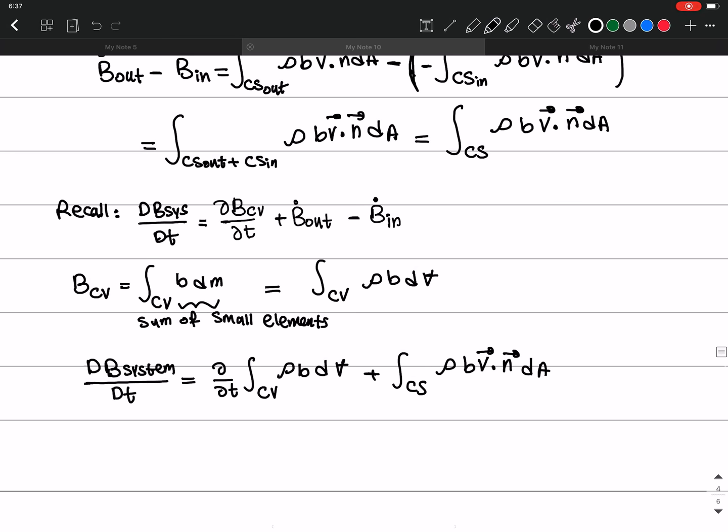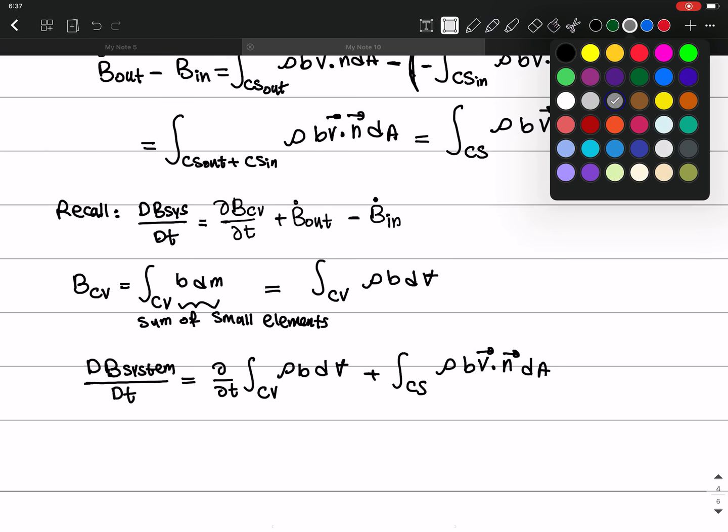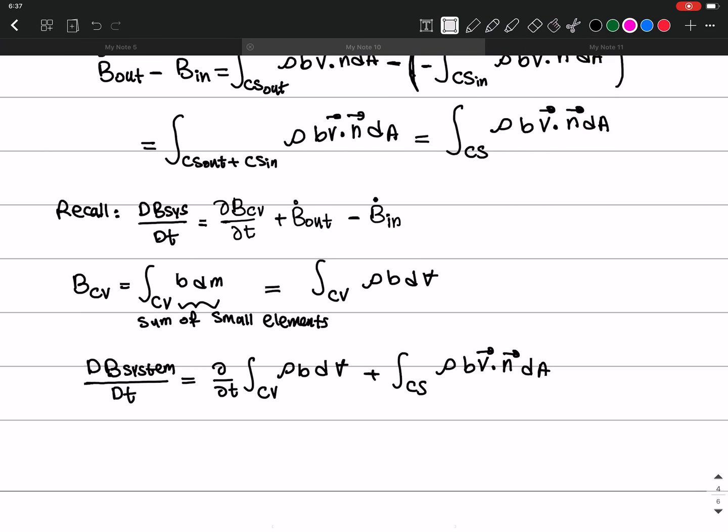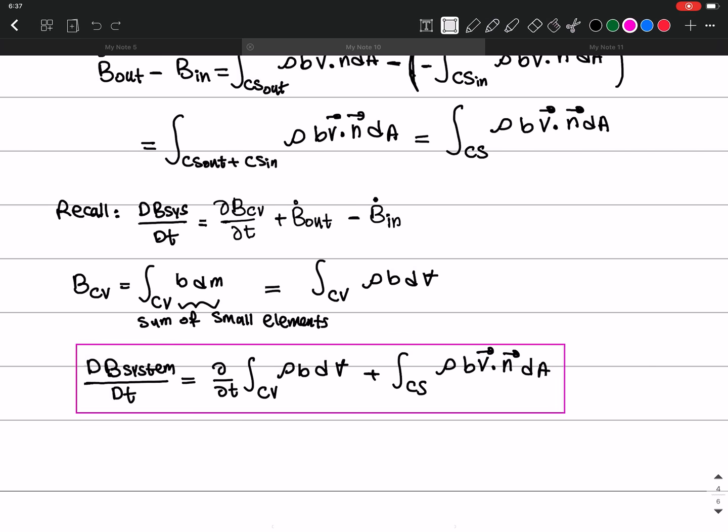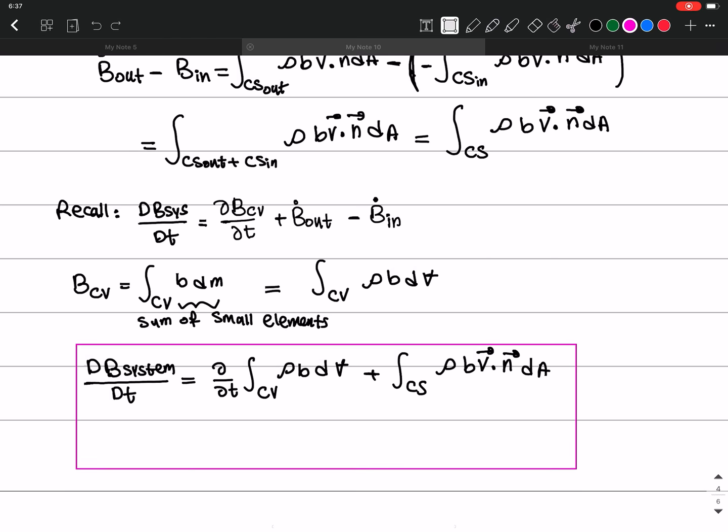Okay? So this is the 3D version of the Reynolds transport theorem.